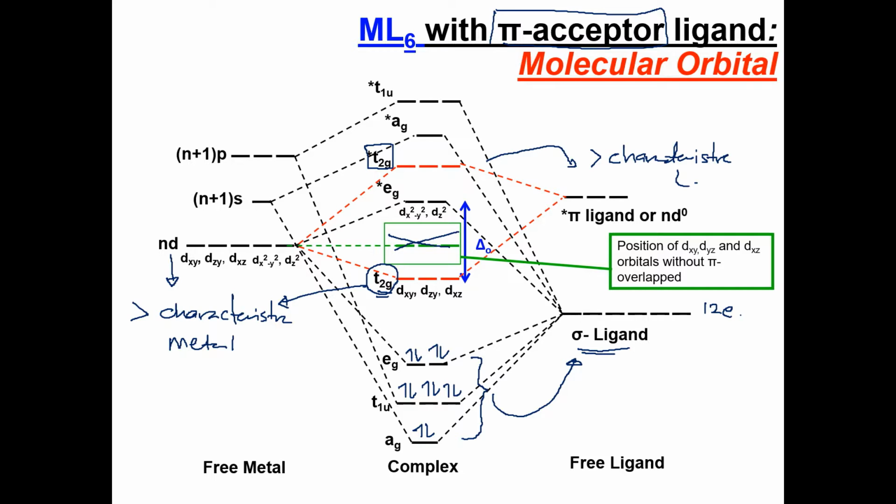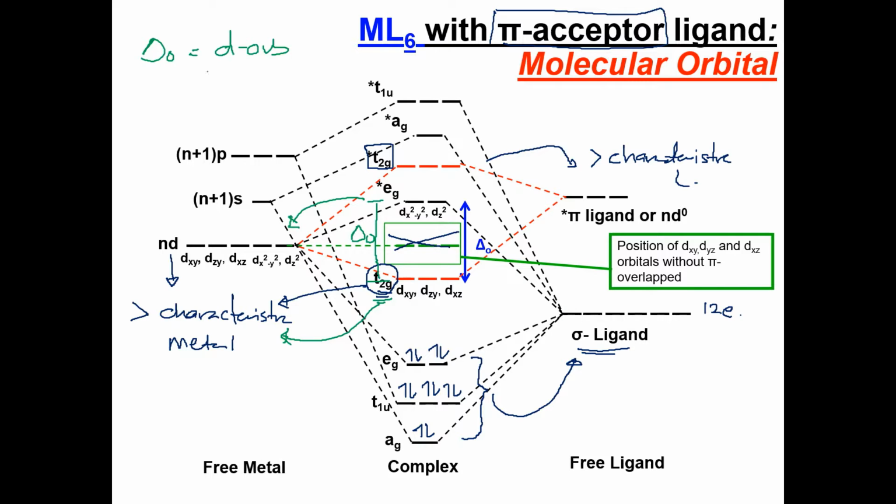That's why when you calculate the delta O, it will be the difference between the energy of the T2G and the EG star. Because the T2G has the characteristic of the metal, same as the EG, the delta O must come from the d orbital, or the metal orbital.